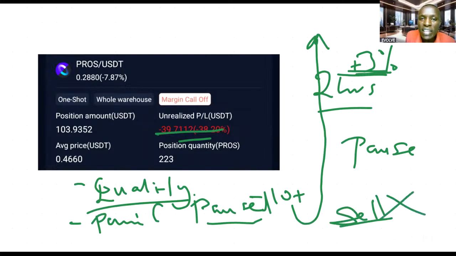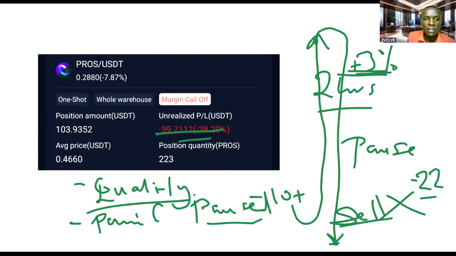And the coin didn't stay long upward. It went down again after a few minutes. And I went back to floating. And I've been in that coin for 22 days. Why? Number one, the coin is a low quality coin.